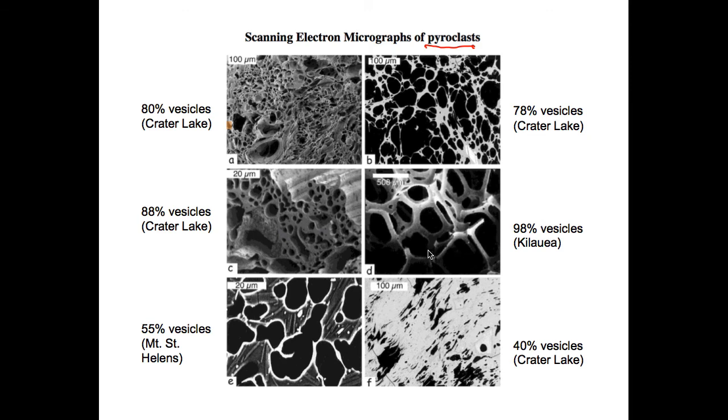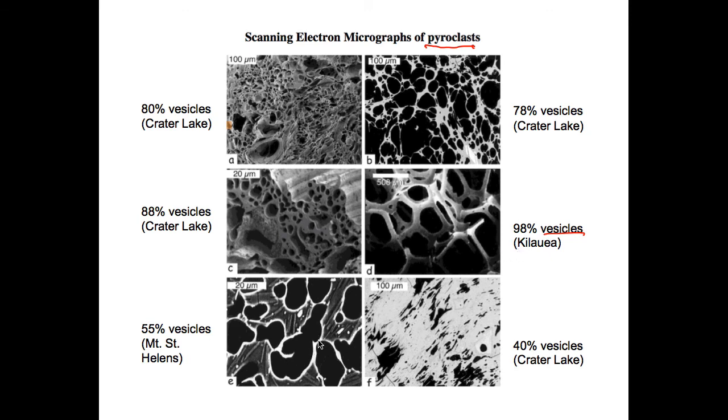I'll bring in a sample. This is called reticulite, and you can see that it's almost like a lattice work of silicate melt. This is glass. It was at one point molten rock, and the dark areas are the bubbles. So this is a very low density foam. You can see it's 98% vesicles, or the word that geologists use for the bubbles. So it's 98% bubbles. It's only 2% glass.